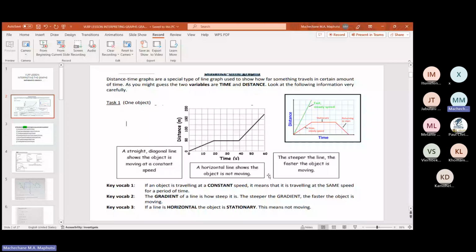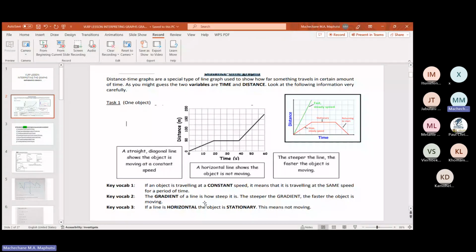But the one from 40 to 60 is a little bit steeper. Hence, I'm saying steepness means the object is moving faster. It can be a car. It can be a person maybe running, if they were showing the scenario using a graph. Fine.